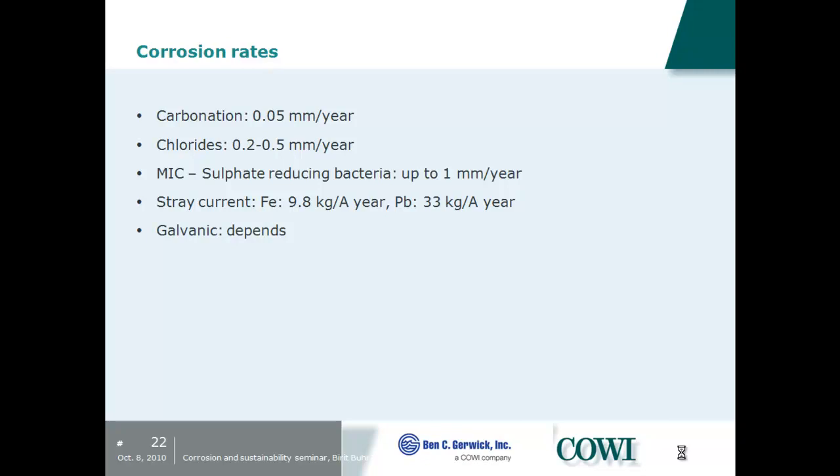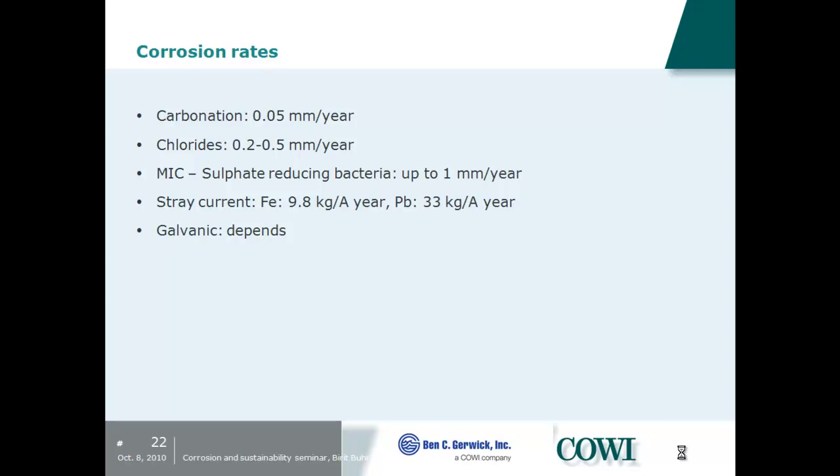So the extent of the corrosion rate on your reinforcement highly depends on the current and the length where your reinforcement is affected by the stray currents. We can be glad that we did not choose lead as a reinforcement material, because as you can see, it would be much worse in that case.